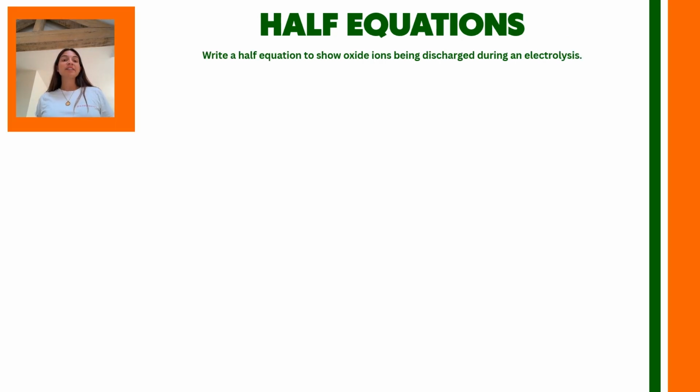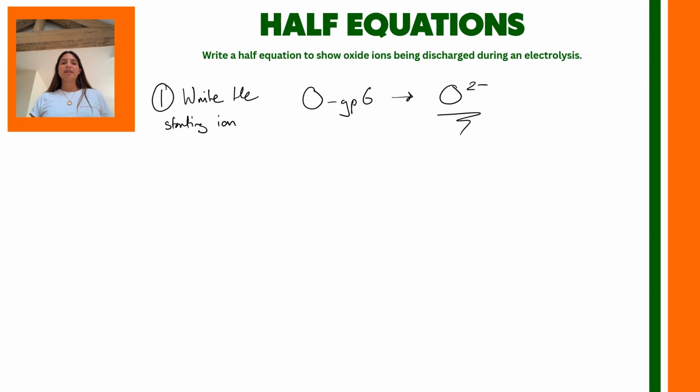Half equations. Write a half equation to show oxide ions being discharged during electrolysis. So first things first, you have to start by writing your starting ion. So I know that my oxygen is in group 6, and therefore I have my ion as a -2 charge, as my oxygen is gaining 2 electrons to fill its outer shell.